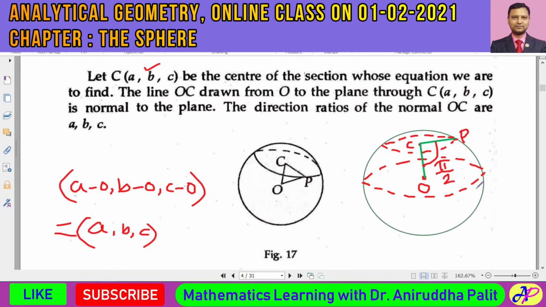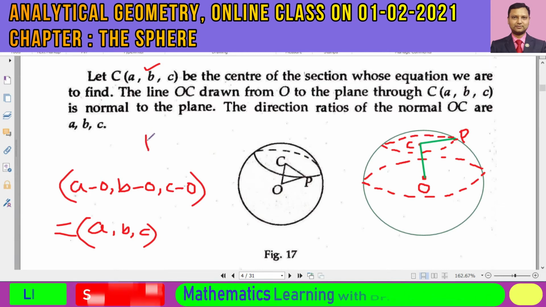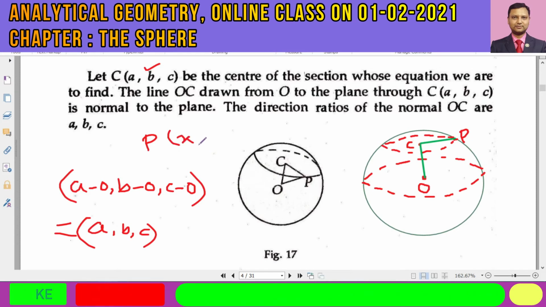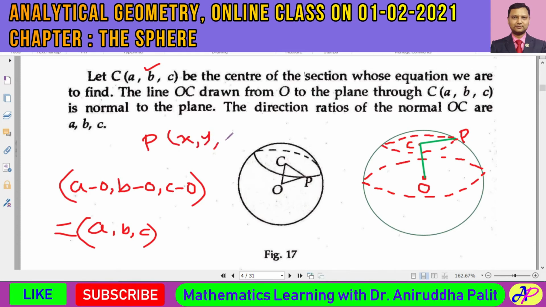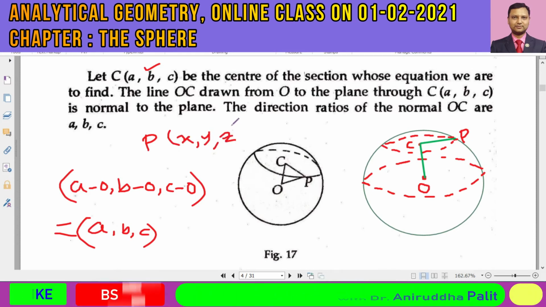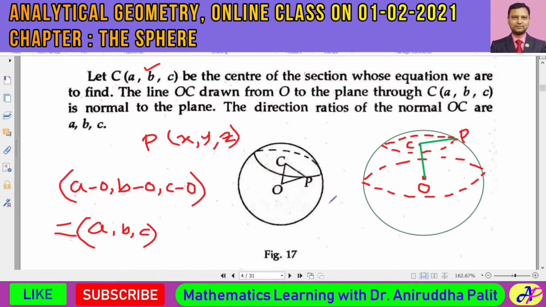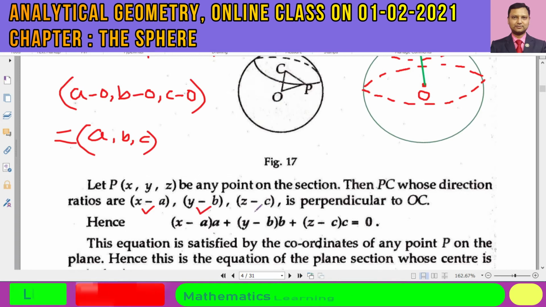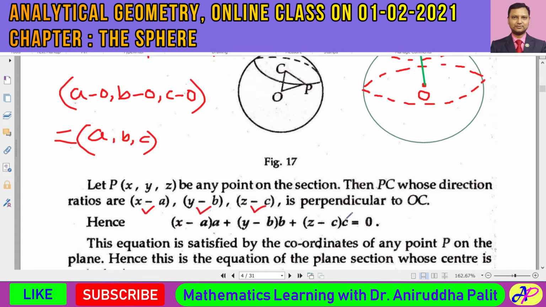What would be the direction ratios of the straight line CP? Suppose P has the coordinates x, y, z. Then the direction ratios of the straight line CP would be x minus a, y minus b, and z minus c.